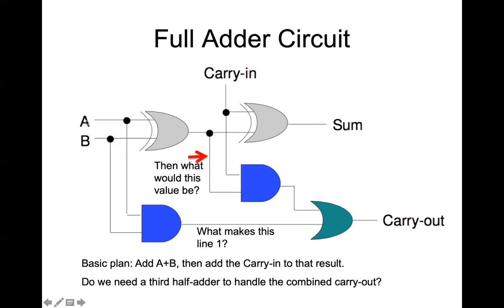If A and B were 1, then exclusive OR computes 0. Now, when a 0 is fed into an AND gate, the AND gate suppresses the other input, so the only possible output is 0. So if this line is carrying a 1, this line has to be carrying a 0.